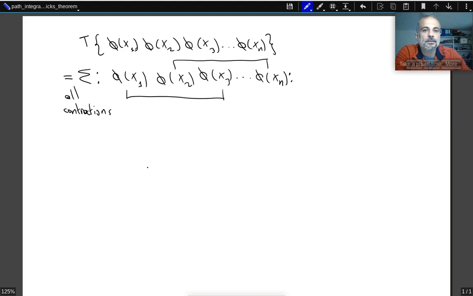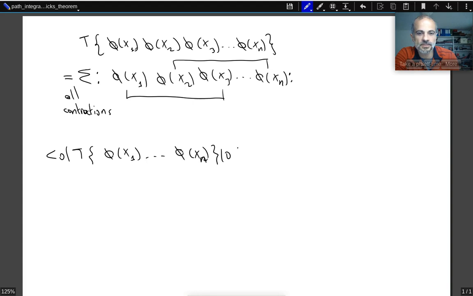Now, in the path integral case, we can show a similar theorem, but we will be using matrix elements. It won't be in operator form. So what we will show is that we will study such a time-ordered product between the empty states.